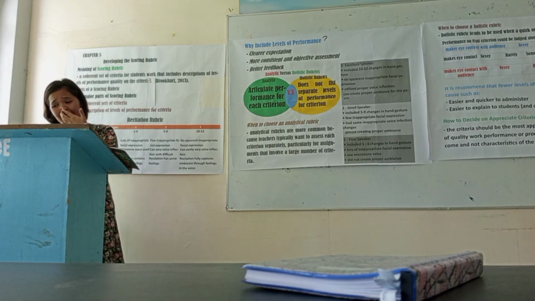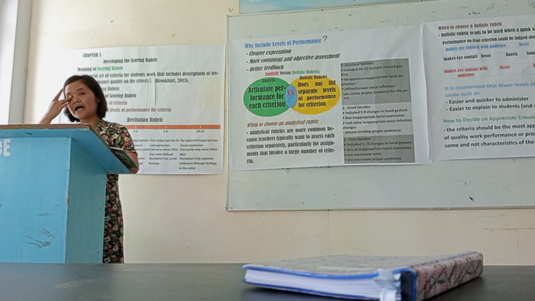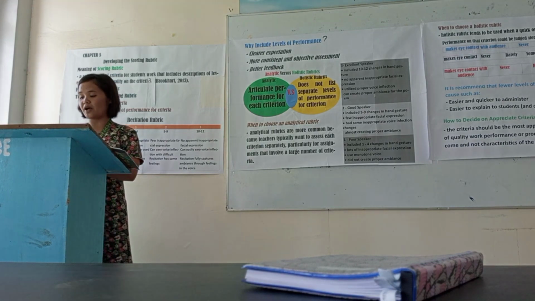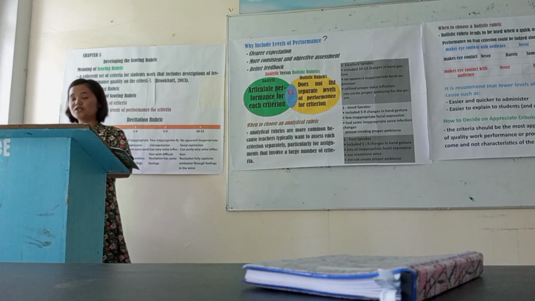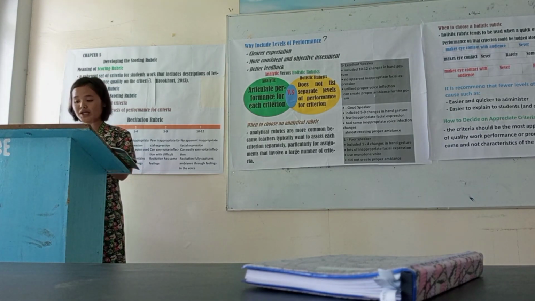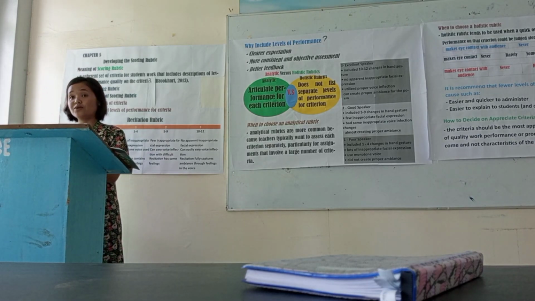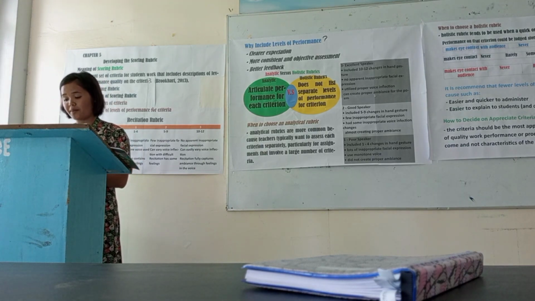So, after mo na nakapili ng rubrics na gagamitin mo, now, you will identify the level of performance or aspect of the product that reflect the learning outcome. So, in making rubrics, we should always include the level of performance because we can see the mastery skills of the student. So, example is the level of performance.